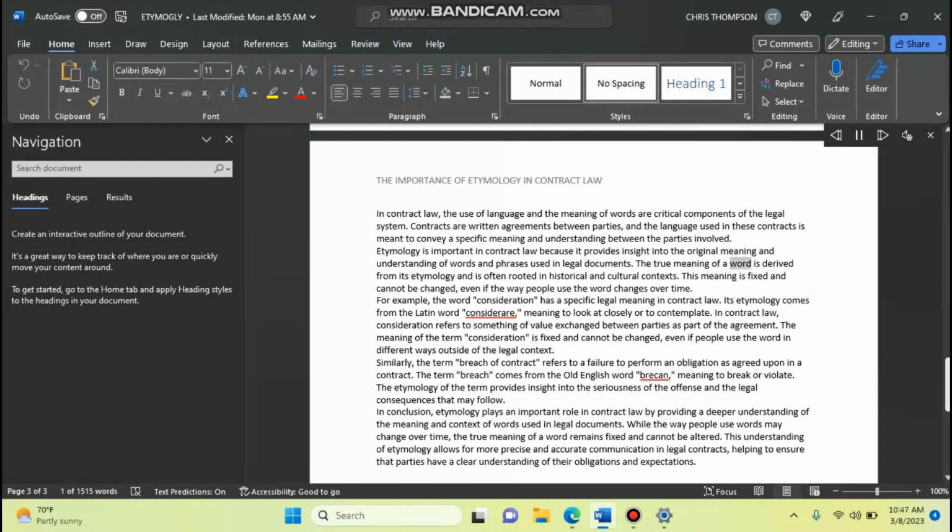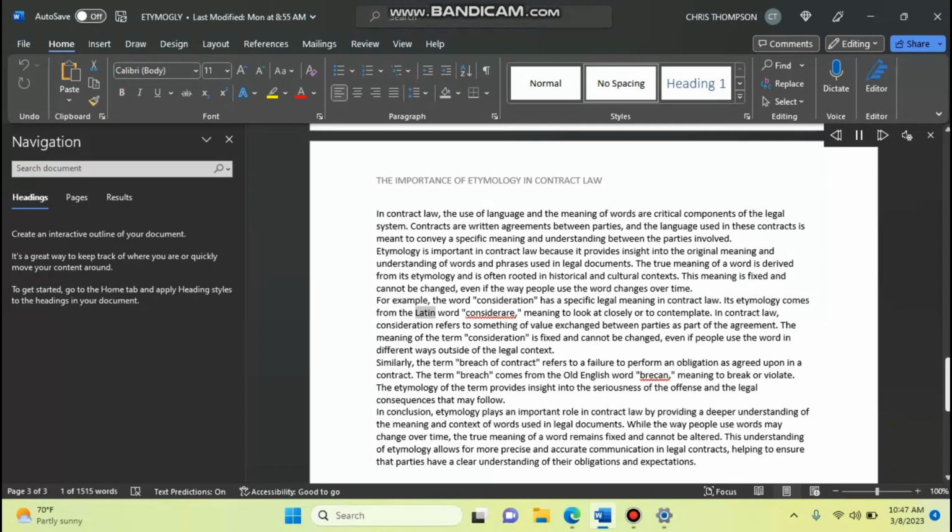The true meaning of a word is derived from its etymology and is often rooted in historical and cultural contexts. This meaning is fixed and cannot be changed, even if the way people use the word changes over time. For example, the word consideration has a specific legal meaning in contract law.